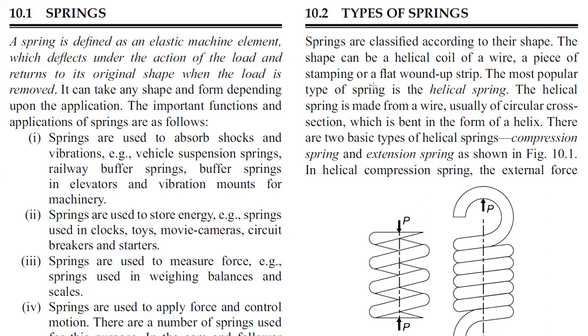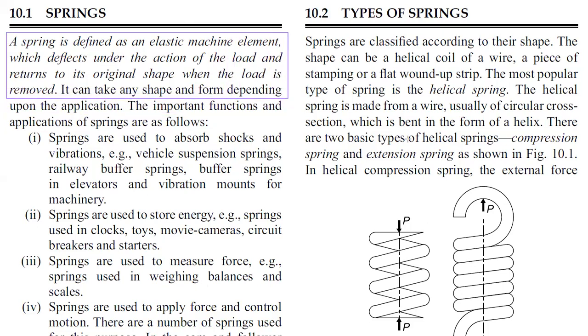In mechanical engineering, you will see the function of spring everywhere. Whenever a load is acting and you want to suspend that particular load, for that criterion you will have a spring.